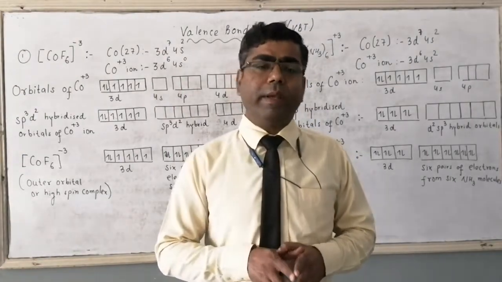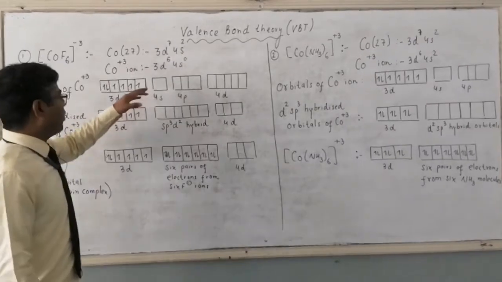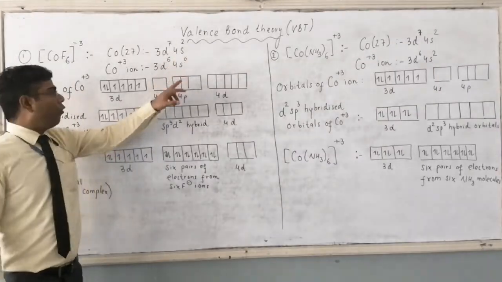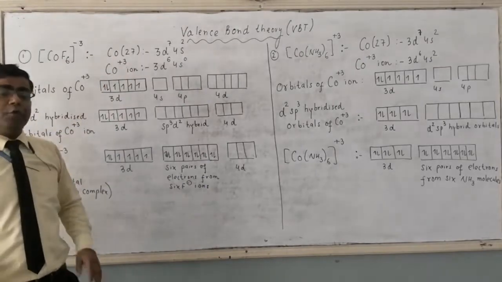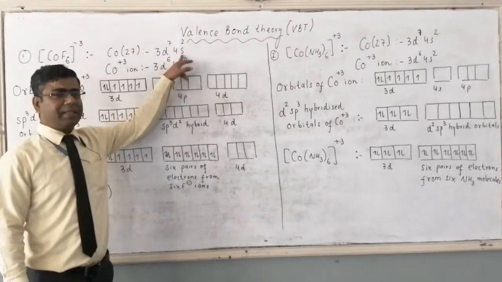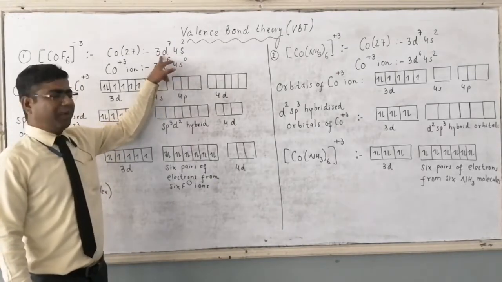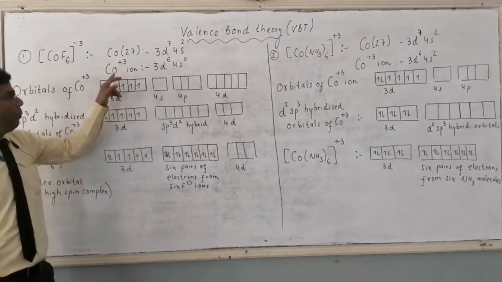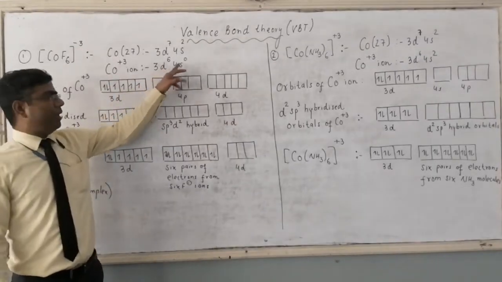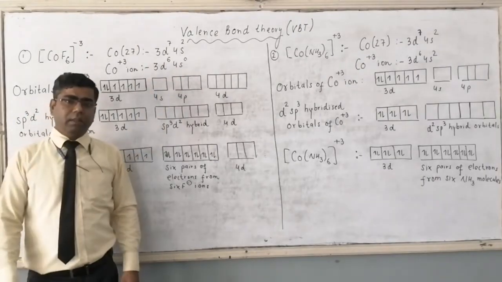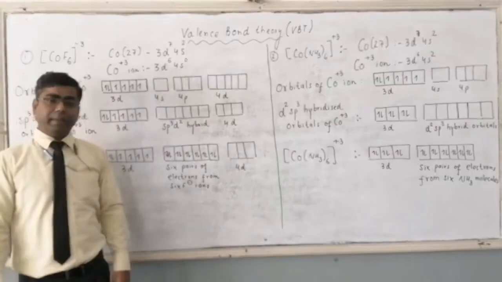Cobalt's atomic number is 27, so its electronic configuration is 3d7 4s2. Now for Co3+, we have to remove 3 electrons. So 2 electrons will be removed from 4s and 1 electron from 3d, as a result of which we obtain the electronic configuration of the Co3+ ion as 3d6 4s0. There is no electron in 4s. There are 6 electrons in 3d.